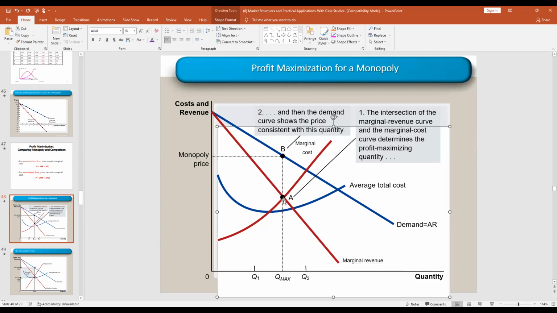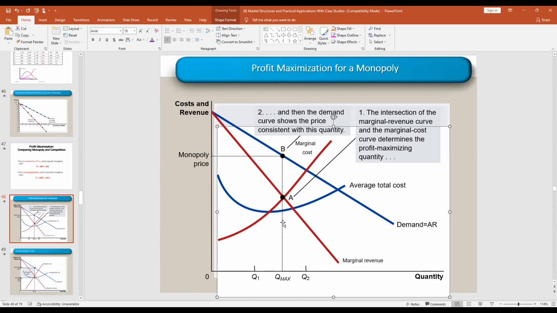So MC equal to MR is here. You find your price. This is the monopoly price. MC equal to MR gives the quantity. Now you find the quantity, and here is the price.